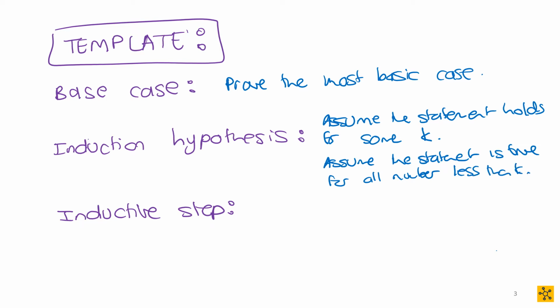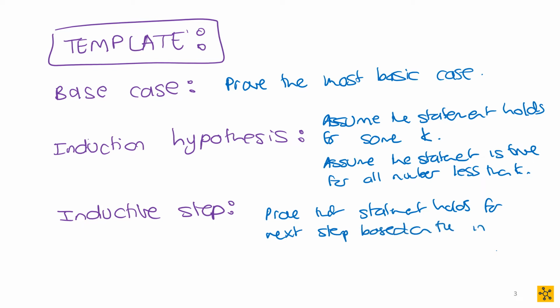Then you prove that the statement holds to the next step based on the induction hypothesis. That's the inductive step. So less than or equal to k there, I forgot that.